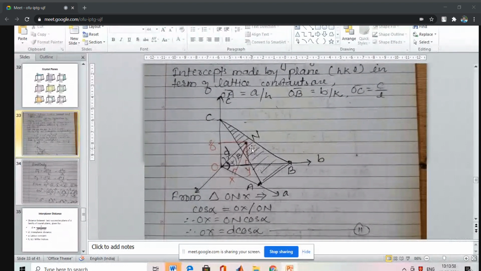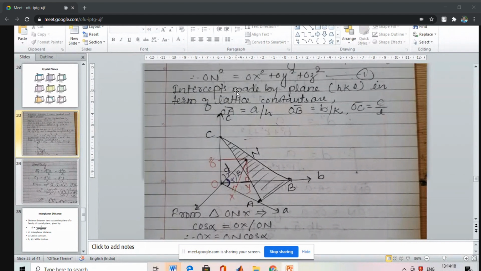Then we have drawn the perpendiculars from point N on the plane to the axes A, B, and C at points X, Y, and Z. So OX, OY, and OZ are the rectangular components of distance ON, vector ON we can say. And so ON square will be OX square plus OY square plus OZ square. We have considered alpha is the angle between ON and axis A, beta is the angle between ON and axis B, and gamma is the angle between ON and axis C.